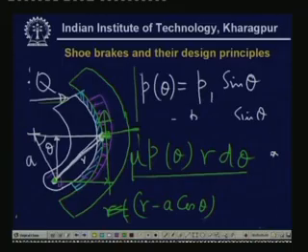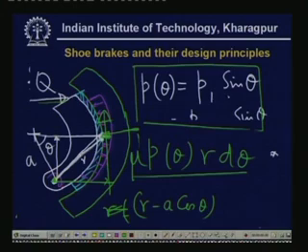So, the main thing is the distribution of this P theta, which is proportional to sin theta. This is roughly the way the friction forces etc. of a shoe brake are analyzed. We shall discuss the band brake and other kinds of brakes in the next class, but I suggest that you look at some books and try to understand how the friction force is analyzed for this kind of shoe brakes.